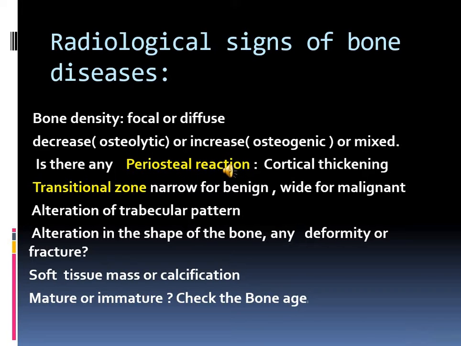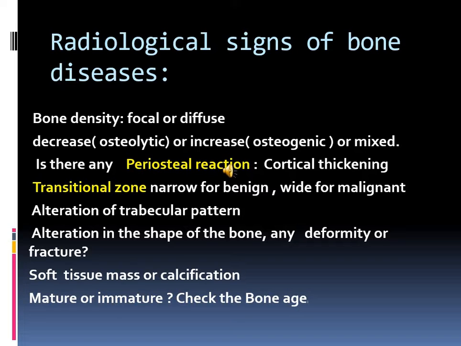It is very important to try to describe the features of the pathology in the X-ray. So here we have multiple radiological signs that can help us in the diagnosis or description of at least an X-ray or a pathology. First of all, we should check the bone density. If it is focal, that means it is localized to certain parts of the bone, or if it is diffuse, that means involving whole parts of the bone or multiple bones.